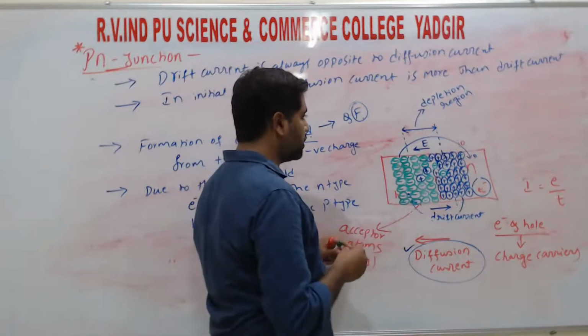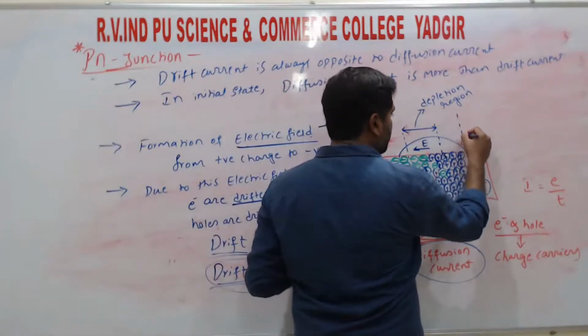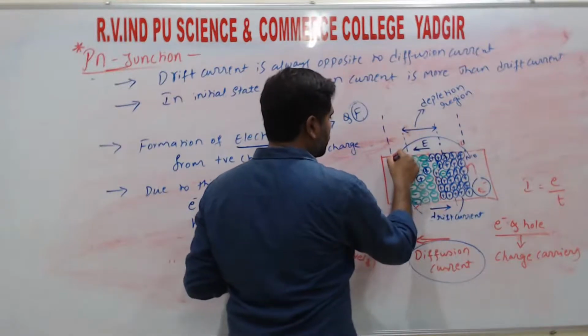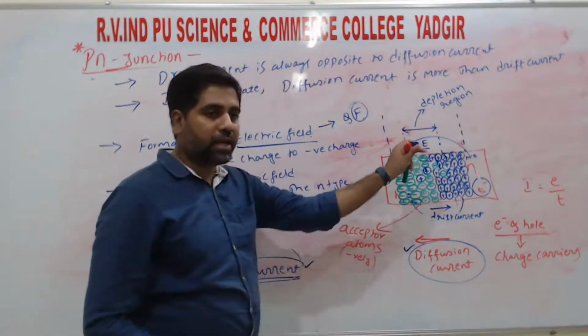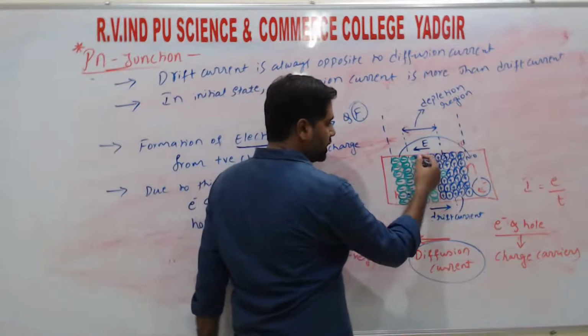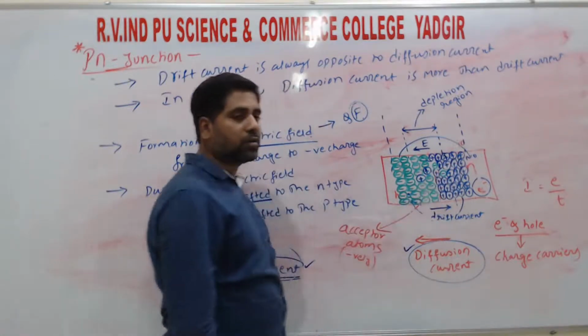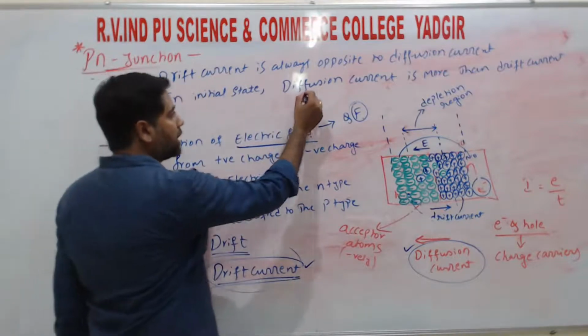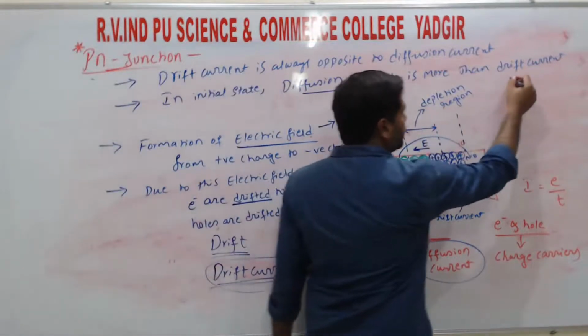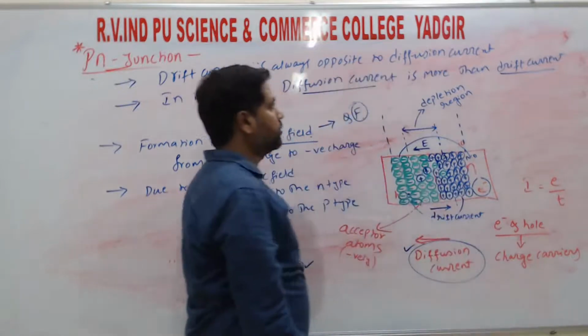Now if you observe here, the depletion layer formed is more. So as the depletion layer is more, the drifting of the electrons is more. So as the drifting of electrons is more, the drift current is more than that of the diffusion current.